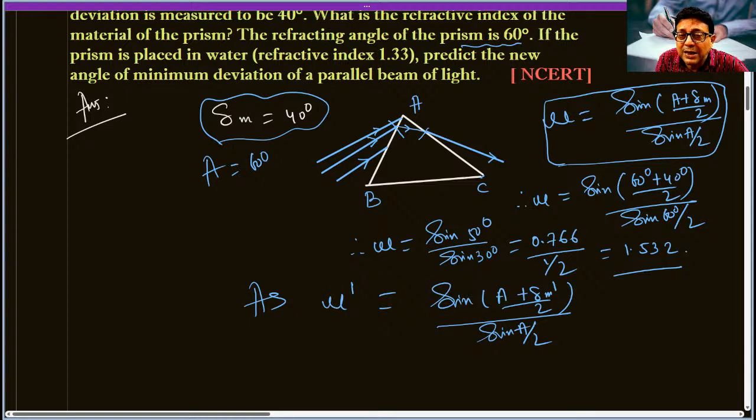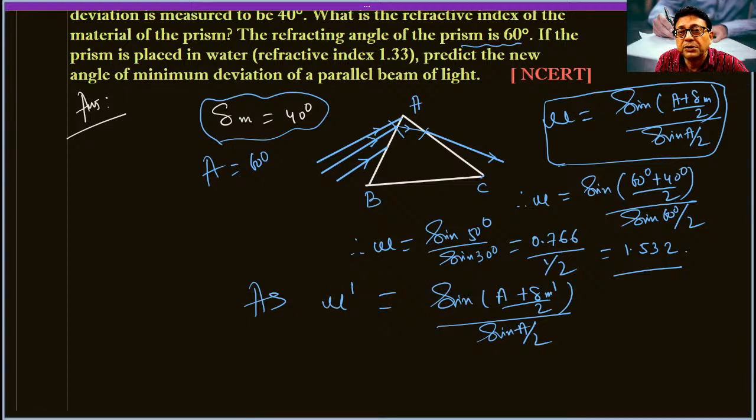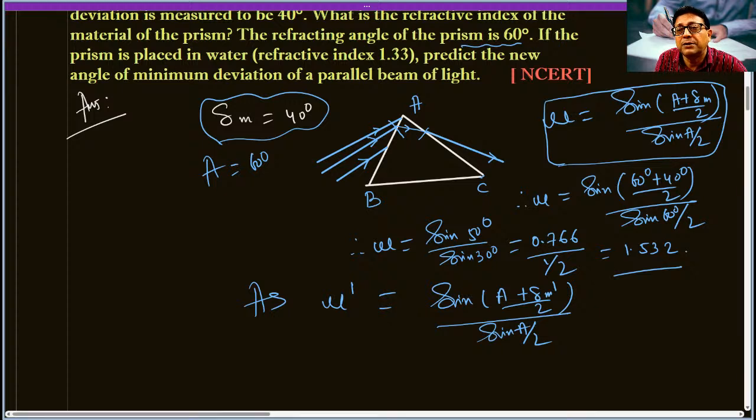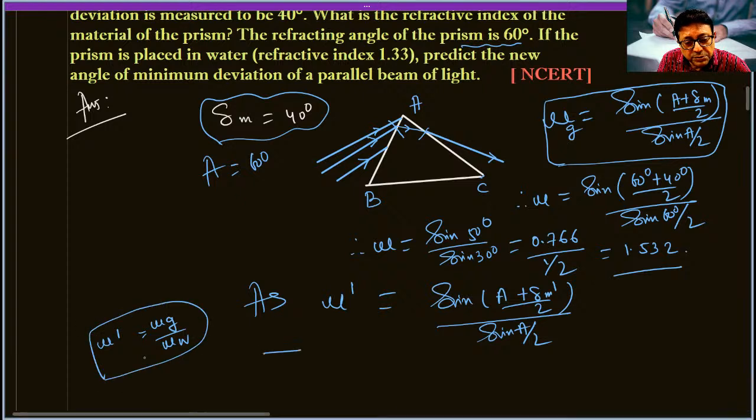Mu dash initially was actually mu g, for the glass prism. But this time mu dash will be what? Mu g by mu liquid. If it is water, mu g by mu w.